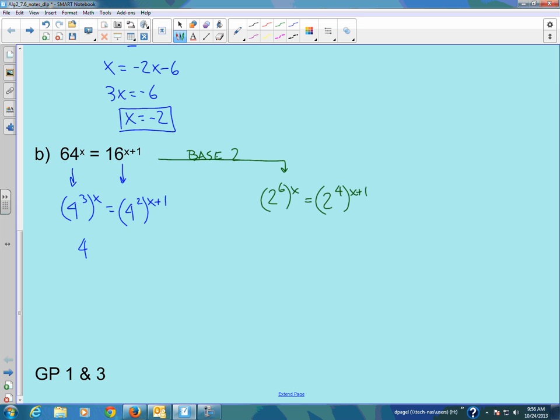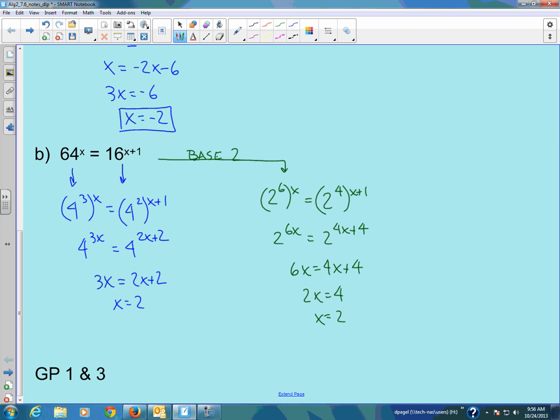Well, we get 4 to the 3x power equaling 4 to the 2x plus 2 power here, which means my exponents can be set equal to one another, and I get x equals 2. Over here, 2 to the 6x power, 2 to the 4x plus 4 power. Once again, set the exponents equal to one another. And 2x equals 4, and x equals 2.